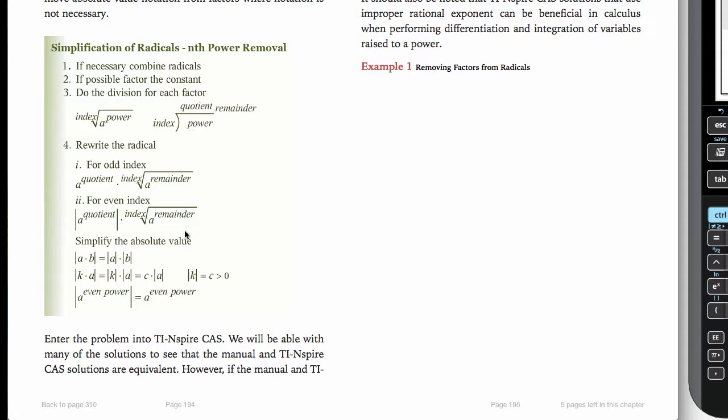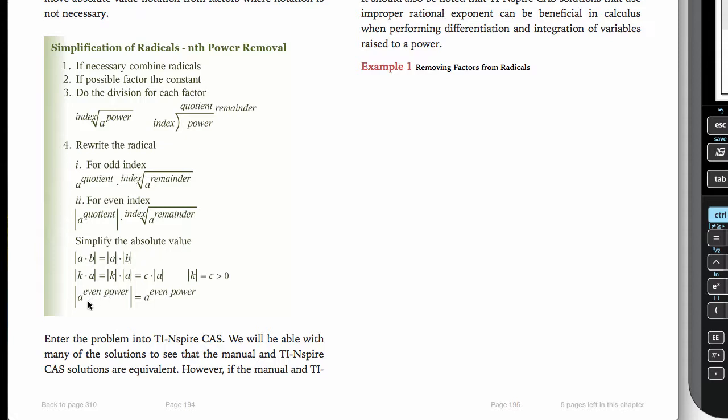When we get done, our calculator deals with positive and negative numbers, so a lot of times these problems will have absolute value in the answer. So absolute values can be split apart. A constant and an absolute value can be split apart. If we know that it's greater than 0, then that part of the absolute value can be dropped.